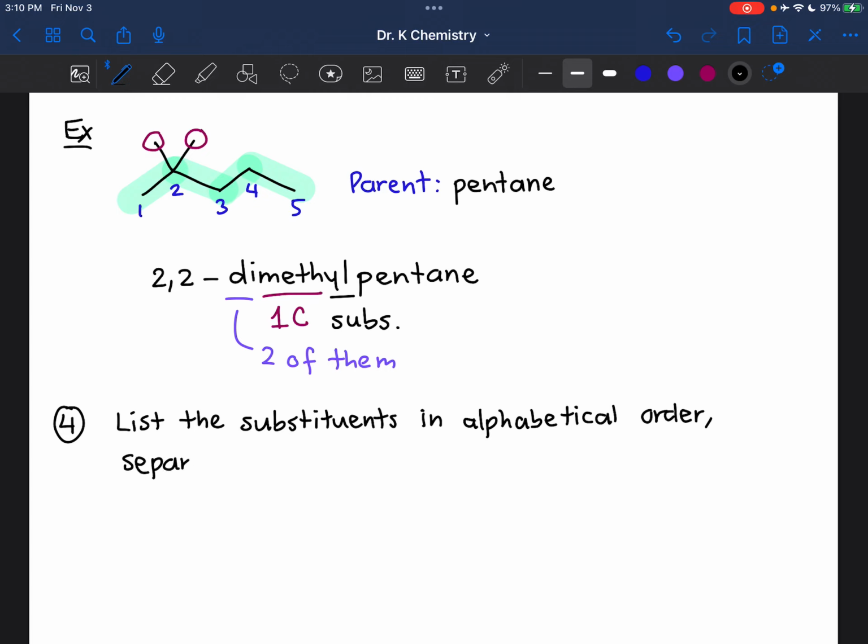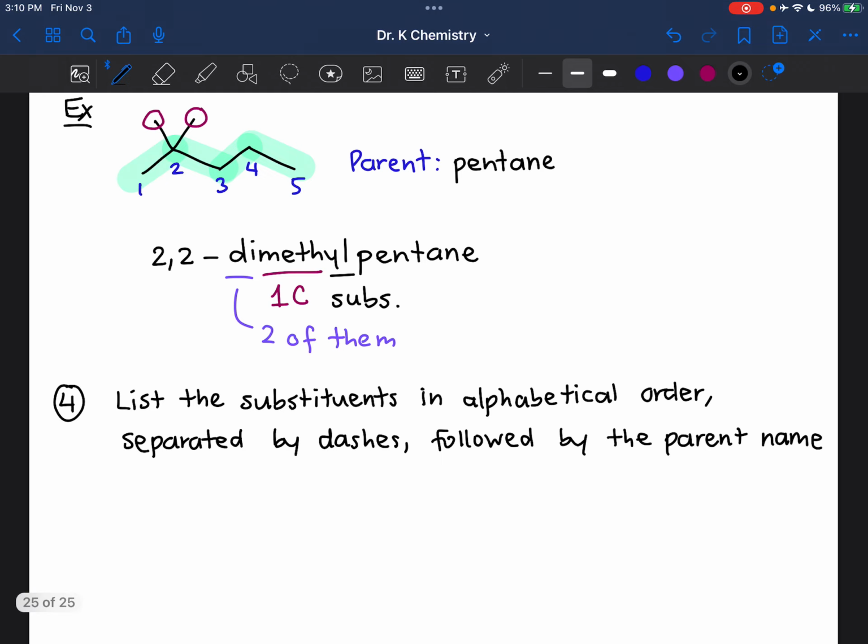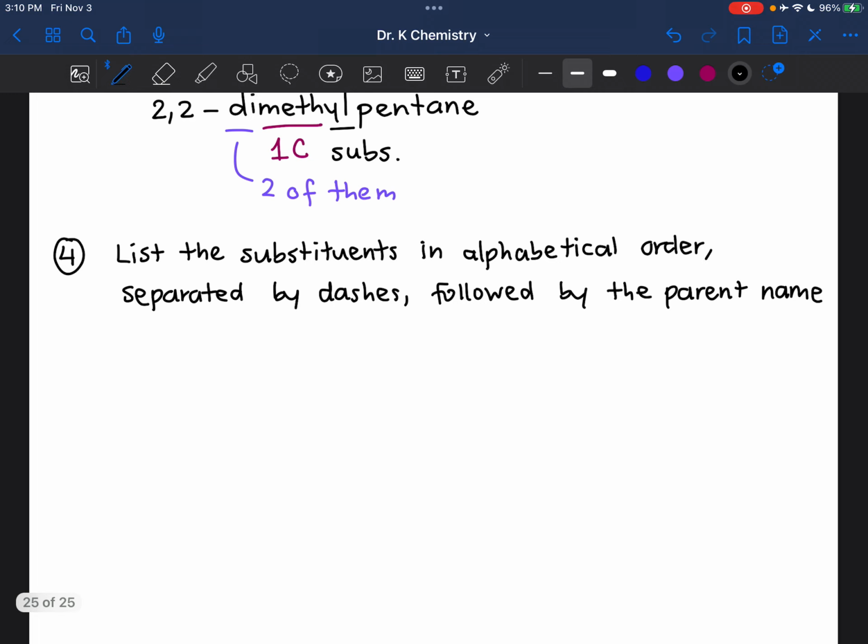Separated by dashes. Followed by the parent name. And notice that the parent name never has a dash in front of it. It just gets attached at the very end. Let's try an example.